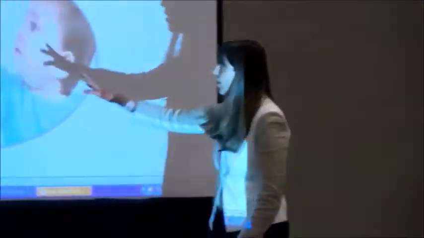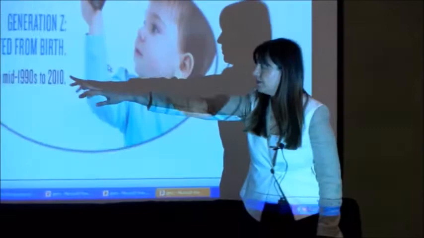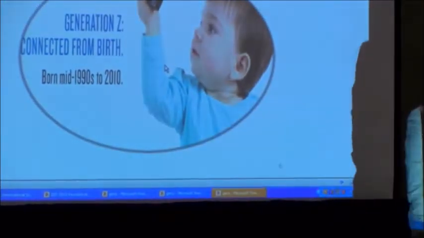So who is Generation Z? Maybe sometimes you might not know exactly who they are. They are born from the mid-1990s, so they are up to 21 years old, and connected from birth with computers and PCs. You might wonder, how about us?